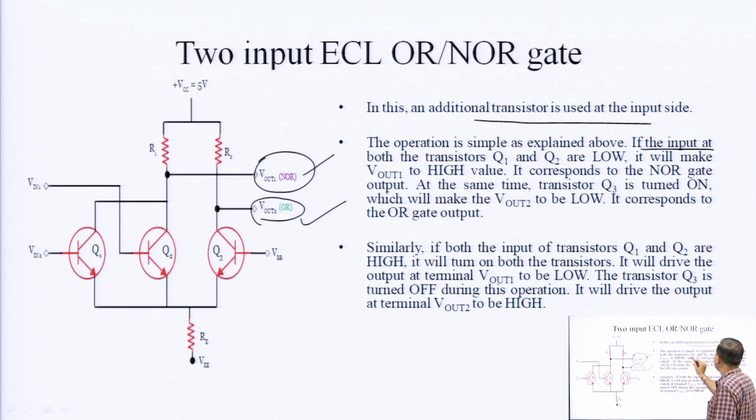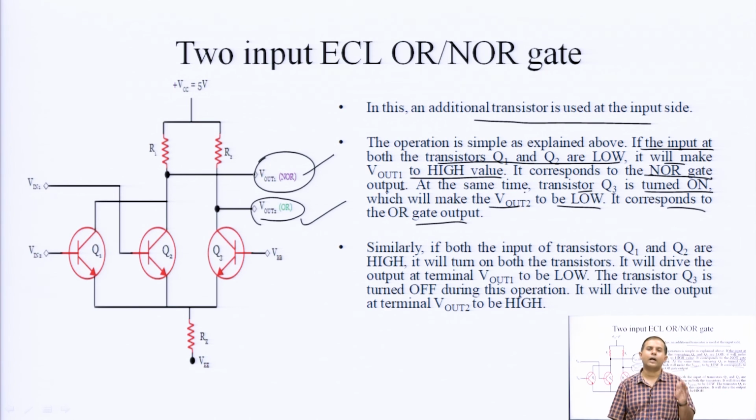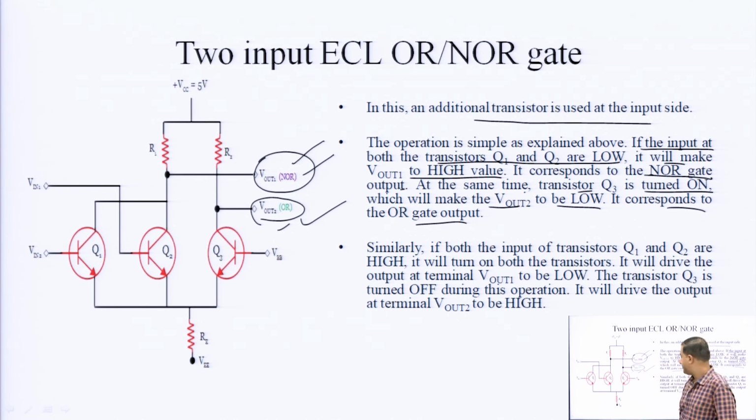If the inputs at both transistors Q1 and Q2 are low, V out 1 will be a high value. It corresponds to the NOR gate output. At the same time, transistor Q3 is turned on, which will make V out 2 low. It corresponds to the OR gate output. I know that OR and NOR are complemented versions, right.